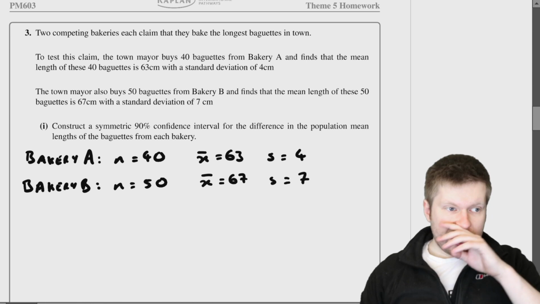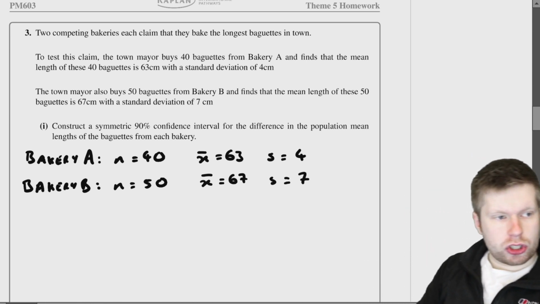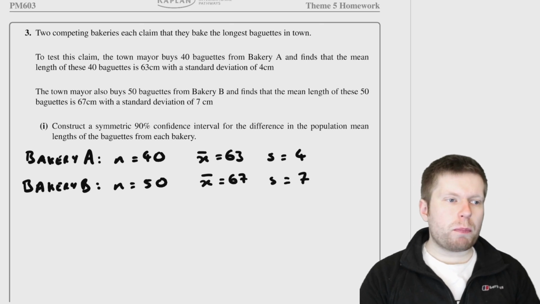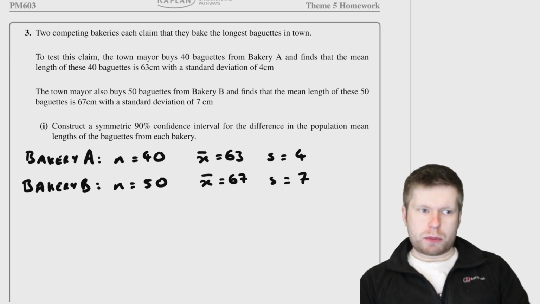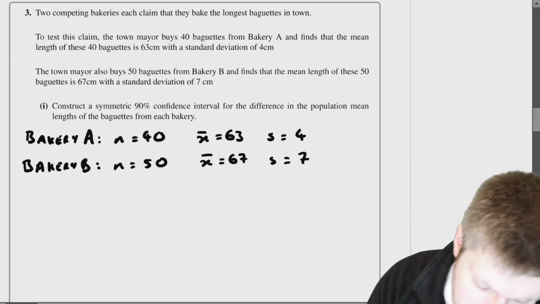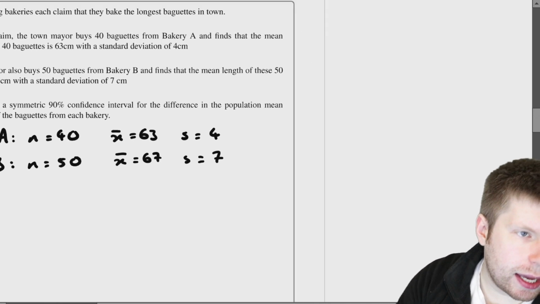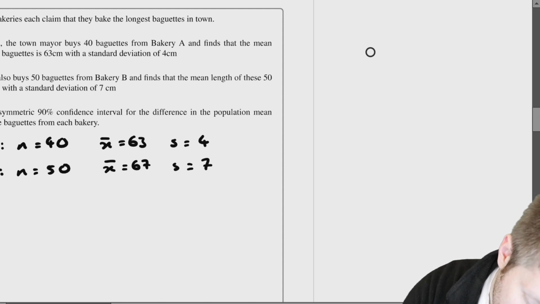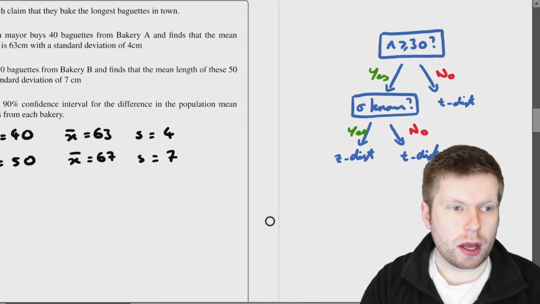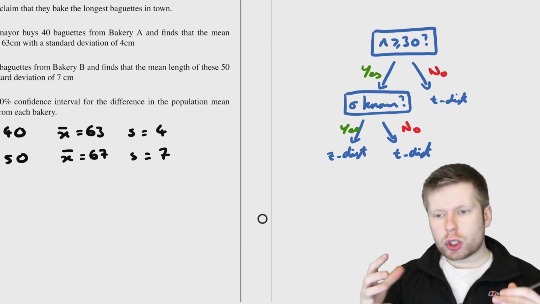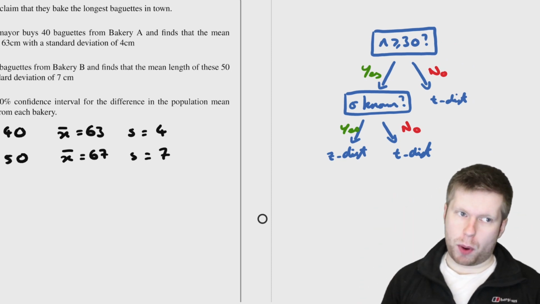Okay, fantastic. So now we need to construct a 90% confidence interval, symmetric, for the difference in the population mean lengths from each bakery. Okay, so first of all, let's figure out what type of distribution we're going to be using here. So I'm going to bring up my little question which I need to ask myself. So because this one is talking about 2, I need to make sure that these questions are satisfied for both.